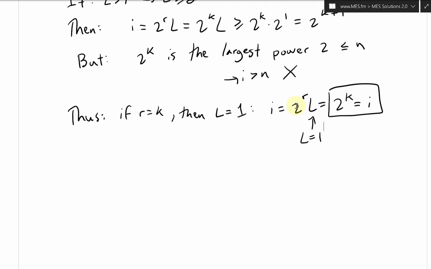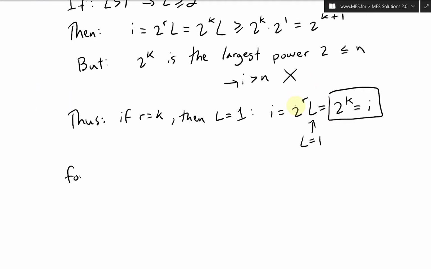Let's go for an example. It's basically when 2^k equals n. For n equals 8, then 2^k, the largest power, is going to be 2^3.